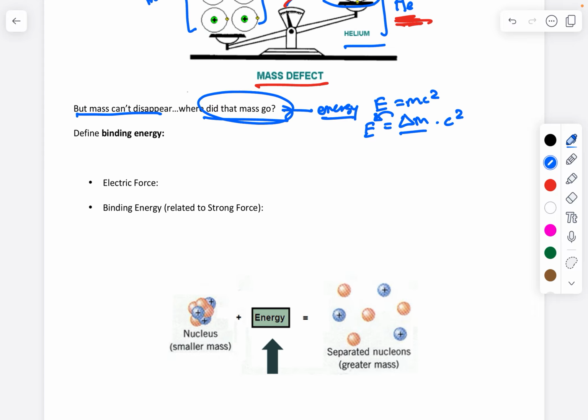Now let's introduce a similar concept called the binding energy. I'm going to look at the slides that we are using in class. Let me check here.